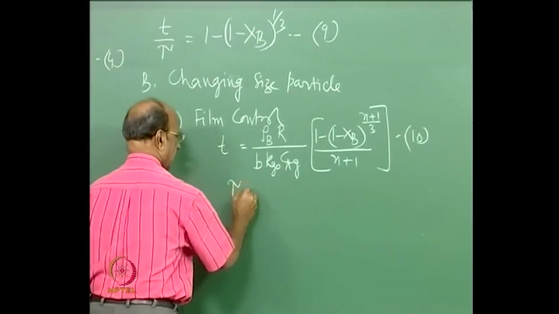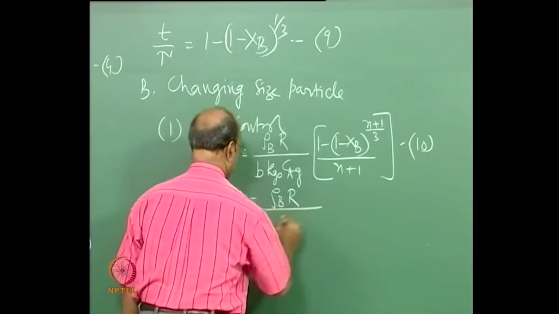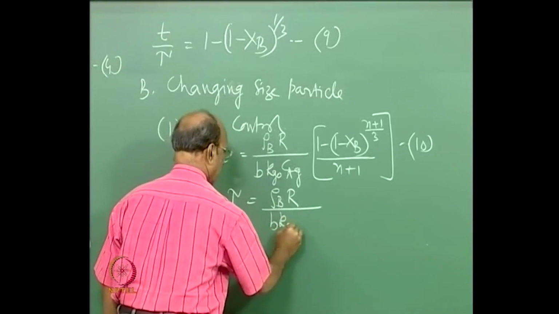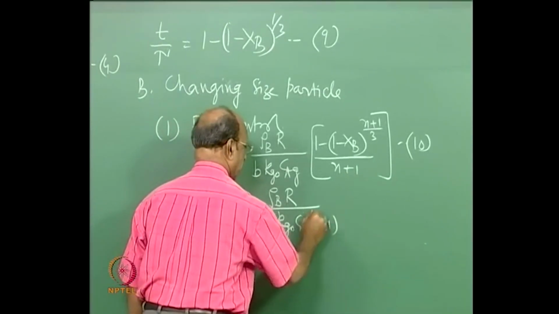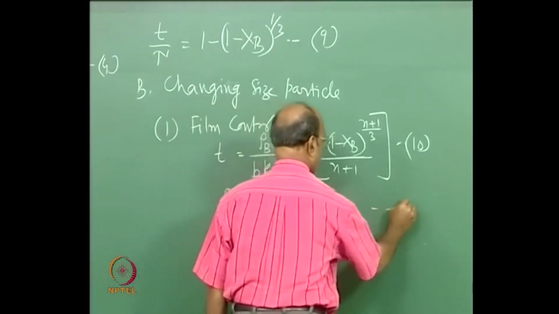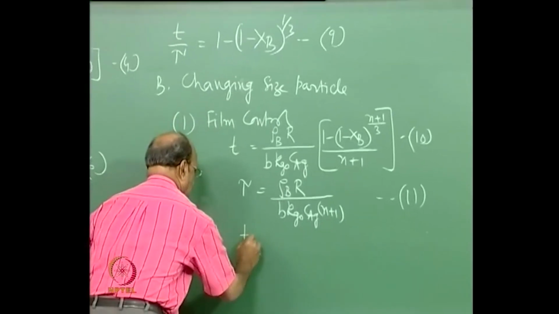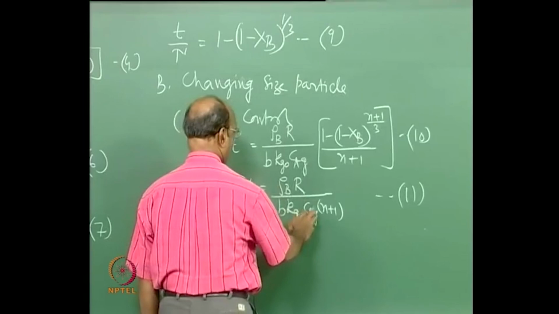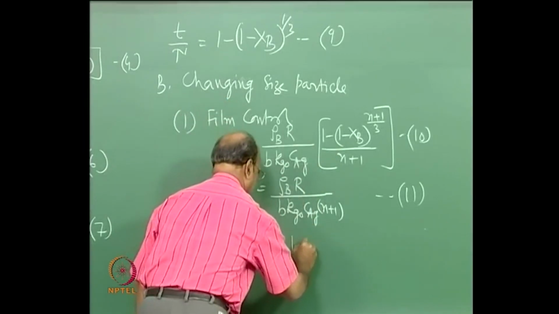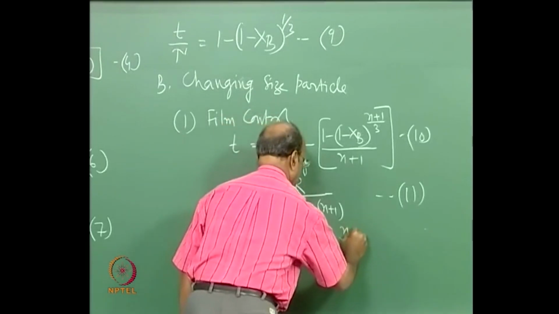So, tau is rho b r by b kg naught cag, n plus 1. This is equation number 11. Then T by tau equals 1 minus xb to the power of n plus 1 by 3.